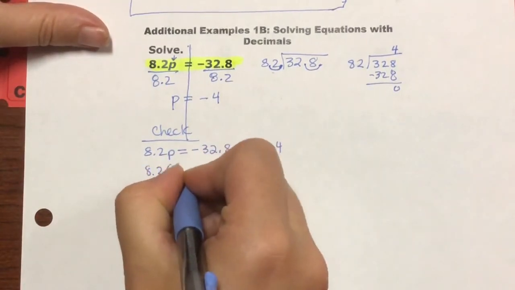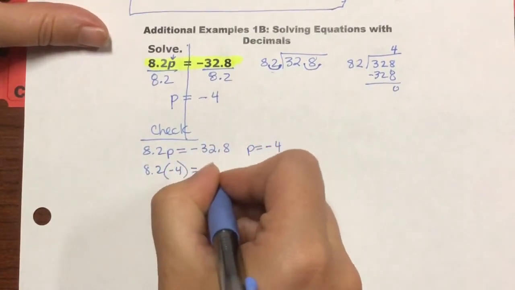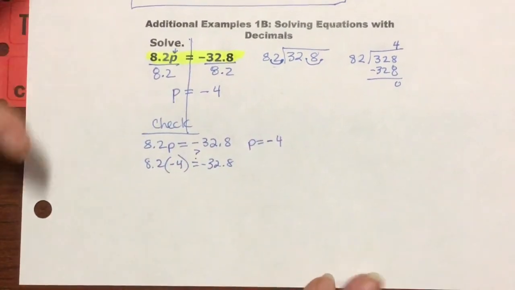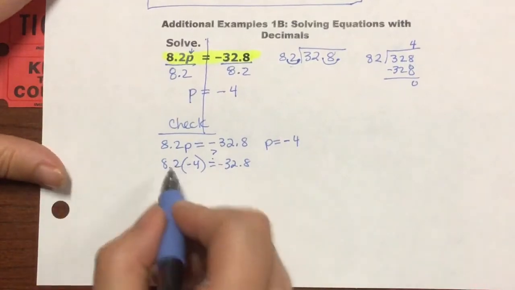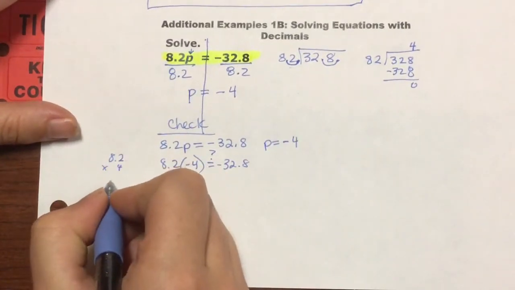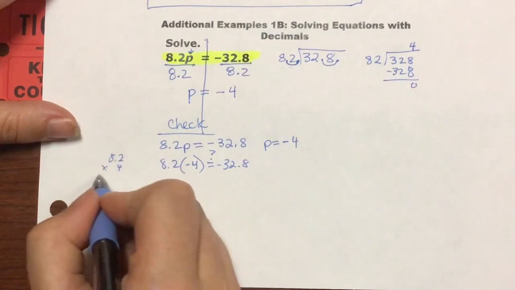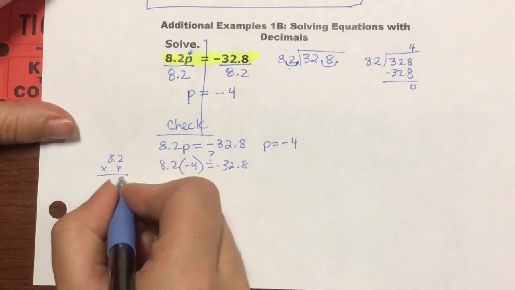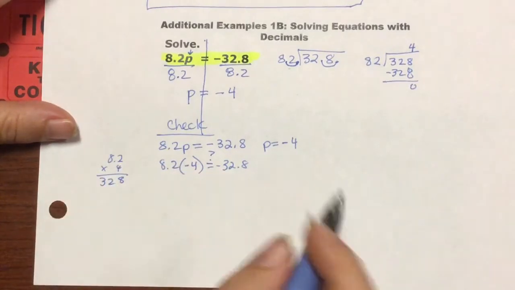8.2 times negative 4. Okay, is this true? I don't know. We've got to figure it out. So let's go ahead and do this little multiplication right here. 8.2 times 4. I'm just going to do this off to the side. I have 4 times 2, which is 8. 4 times 8, which is 32.